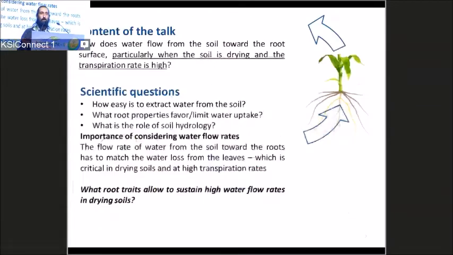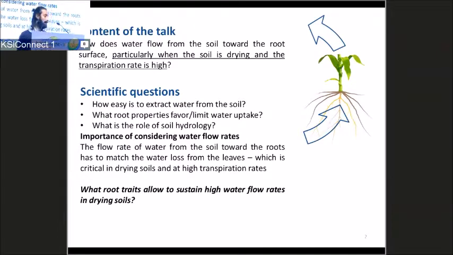And to solve this general question, I'm posing here three more specific scientific questions that we should address, still pretty general. So the first is, how easy is it to extract the water from the soil? It means, what is the water potential that the plants need to get the water out of the soil? And we also need to think about fluxes, so we need to sustain a flux.